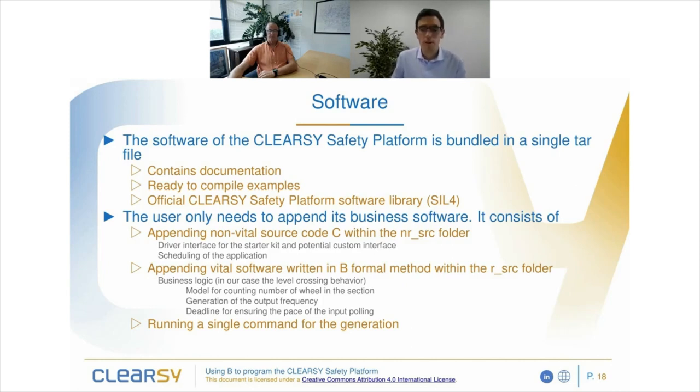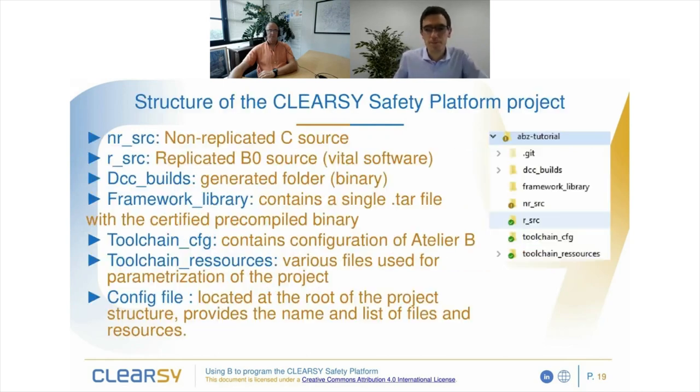And finally, you have a single command tool for the generation of the binary. Here you have a screenshot of the file tree structure of a typical project with the CLEARSY Safety Platform. So you have NR and SRC for the C source code, RSRC for the replicated source code.